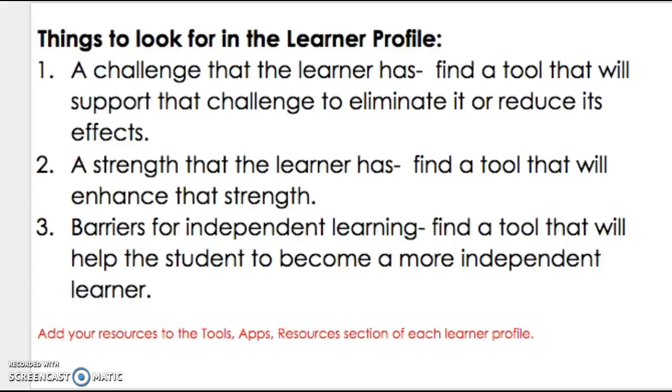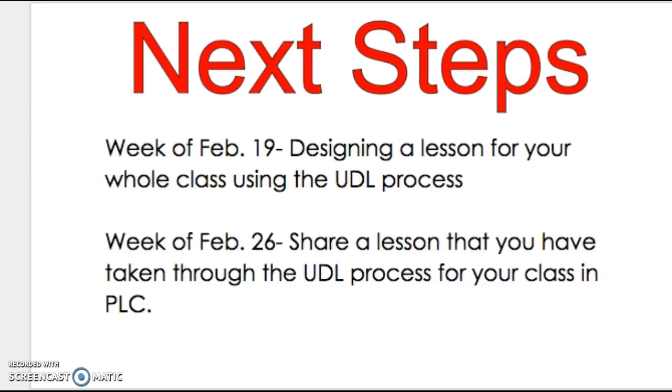So this is our next big part of our learner profiles. But following this, we've got a couple of next steps. The week of February 19th, we'll be meeting again to talk about how to design a lesson for your whole class using the universal design process.